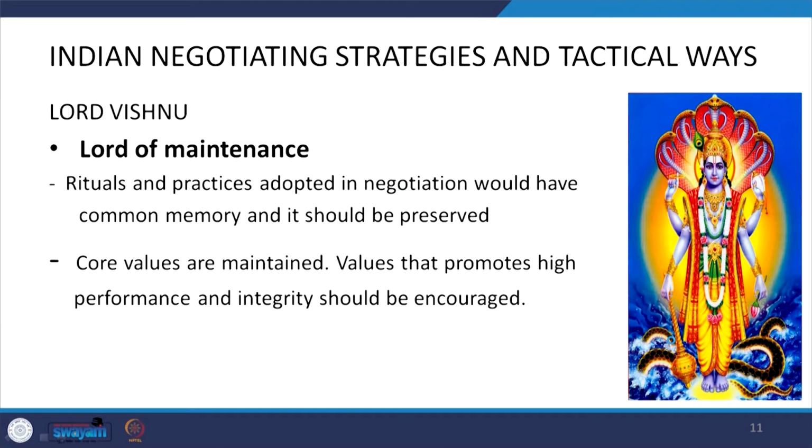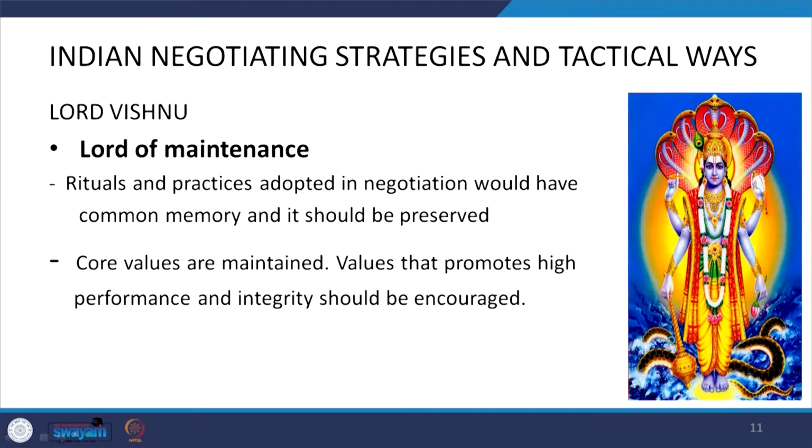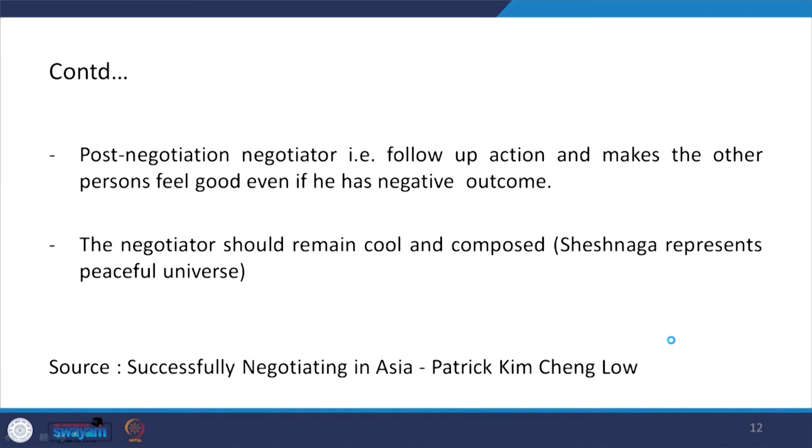Values that promote high performance and integrity should be encouraged, and if you are able to value that, then the persons will have a lot of maintenance. And the post-negotiation negotiator follows up and makes the other person feel good even if he has a negative outcome. This is the beauty.